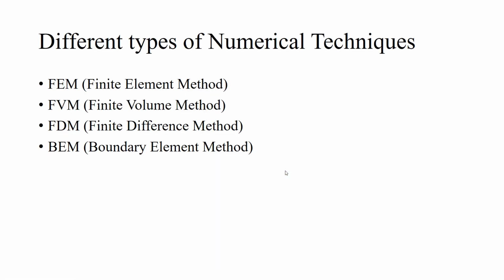Coming to different types of numerical techniques, there are FEM, finite element method, FVM, finite volume method, FDM, finite difference method, and BEM, which is nothing but boundary element method.